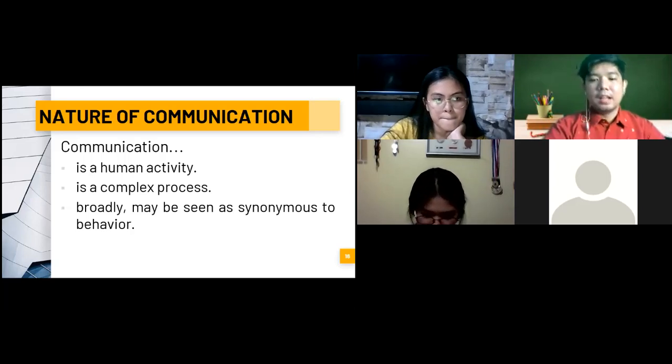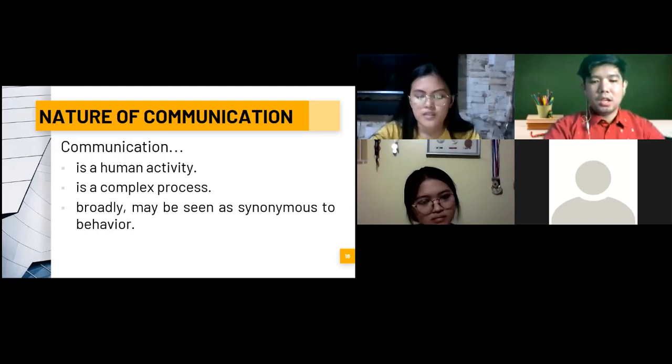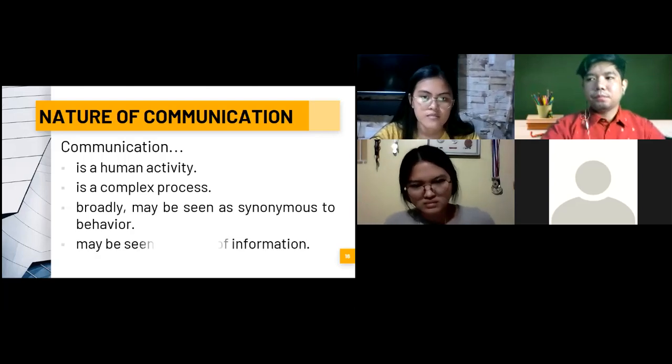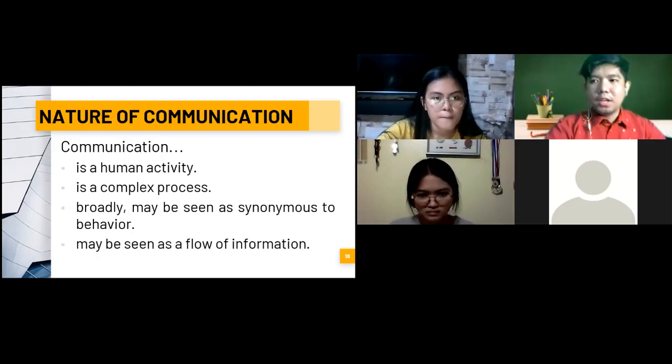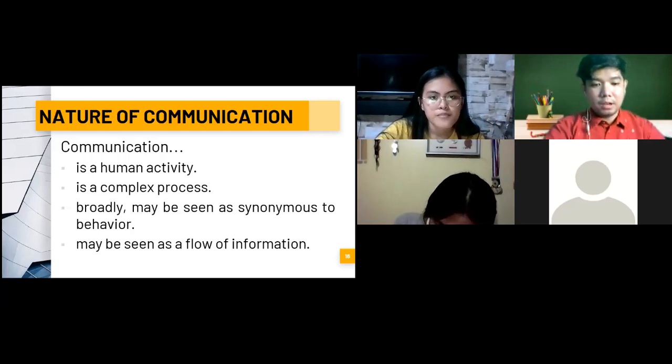So always remember that you are the way you communicate. If you are communicating with someone and you are using a lot of vulgar or foul words, then that is a manifestation of your behavior. Okay, so next. Communication may be seen as a flow of information, which we can all agree upon.